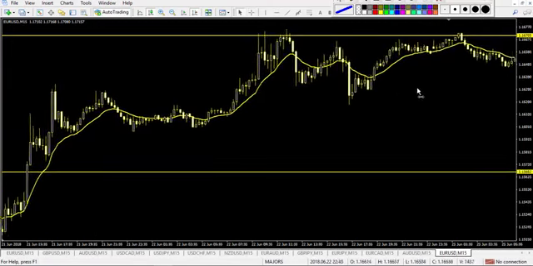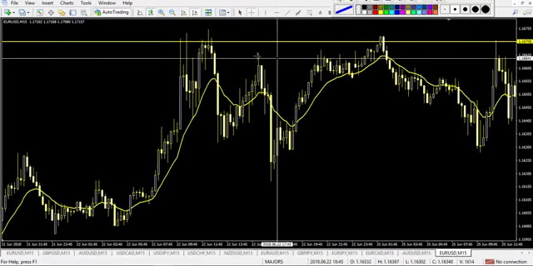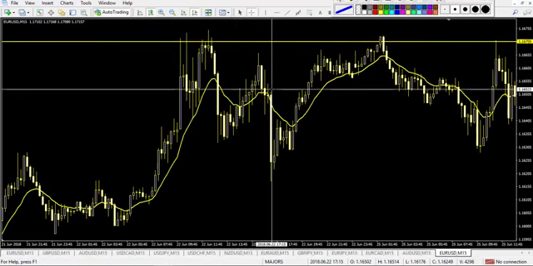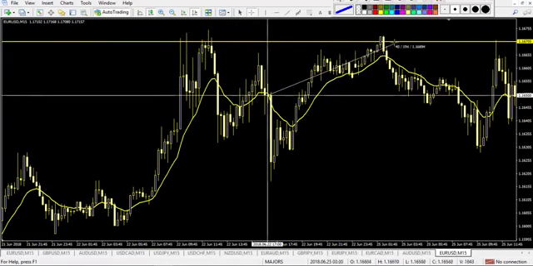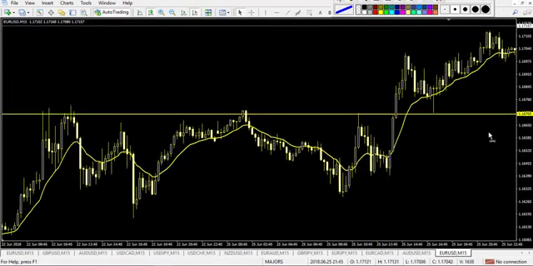It comes back to it, comes back too much, so we might have gotten out of the trade with a little loss here, or break even eventually. It didn't hit the stop, but it came back so many times, so when it comes back 2 times, 3 times, 4 times, it's dangerous for you to stay in the trade. So I advise you get out. Let's look at another one.